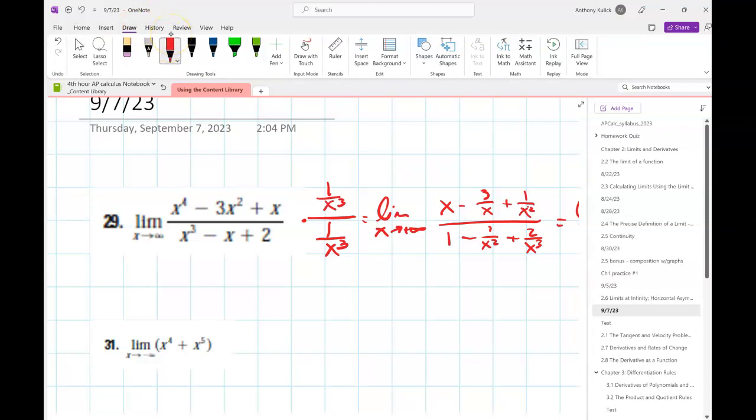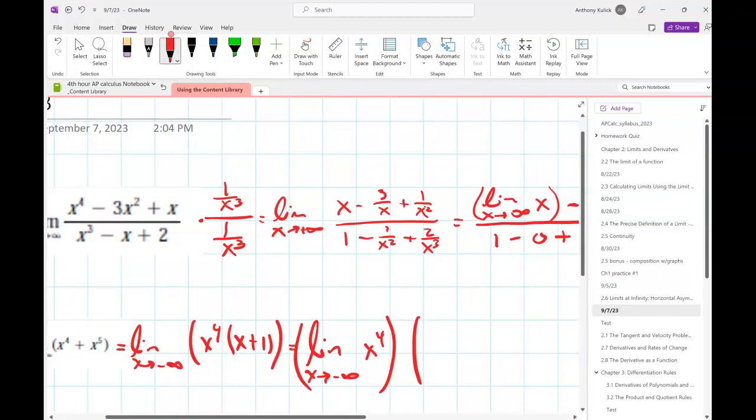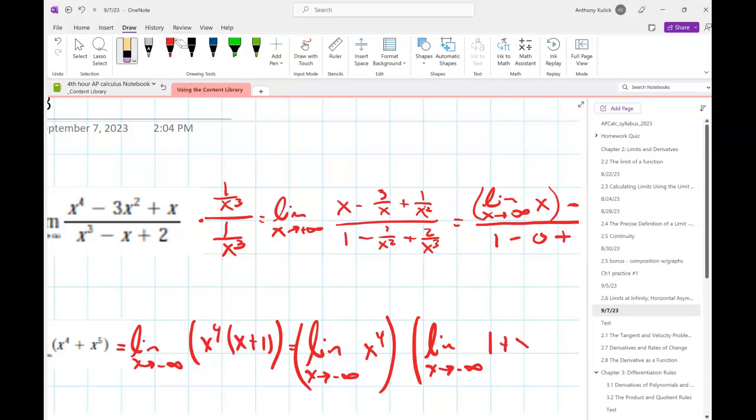So again, you should hopefully look at this and be able to tell either positive infinity or negative infinity, right? Let's see. I'd start by factoring off an x to the fourth. And then if I do x plus 1.